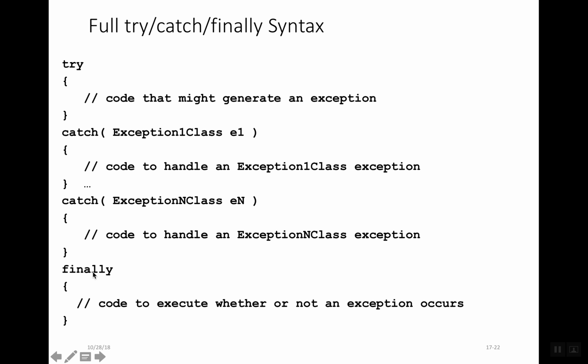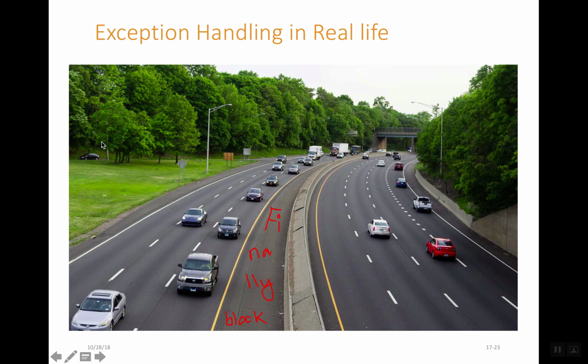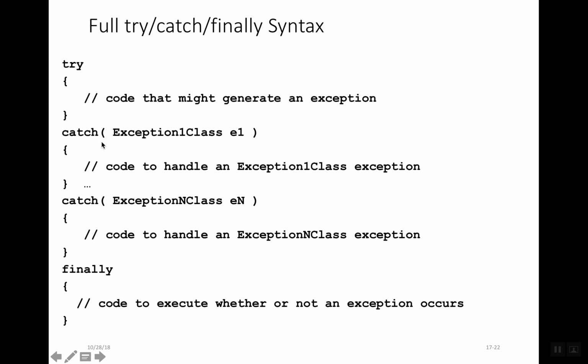The finally block follows the previous try and catch blocks, and you cannot have any statement between a try and catch block. So you cannot have any orphan code statements here. All code needs to be put in try and catch blocks.